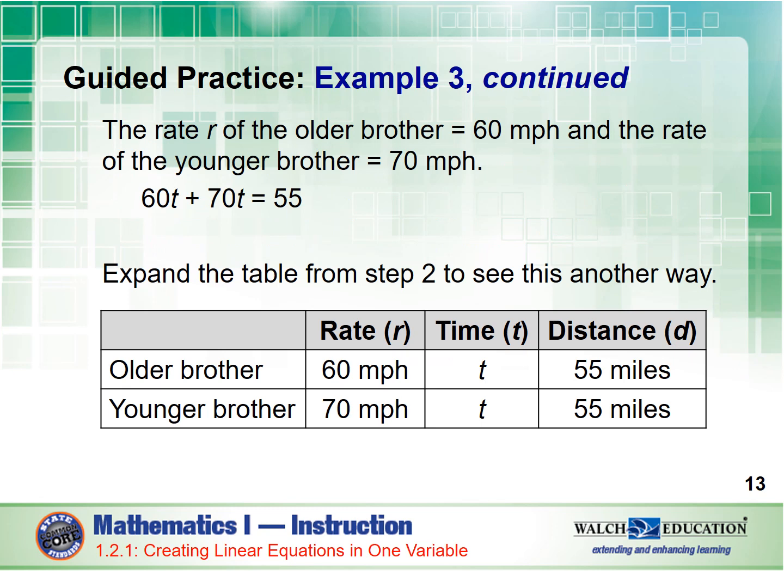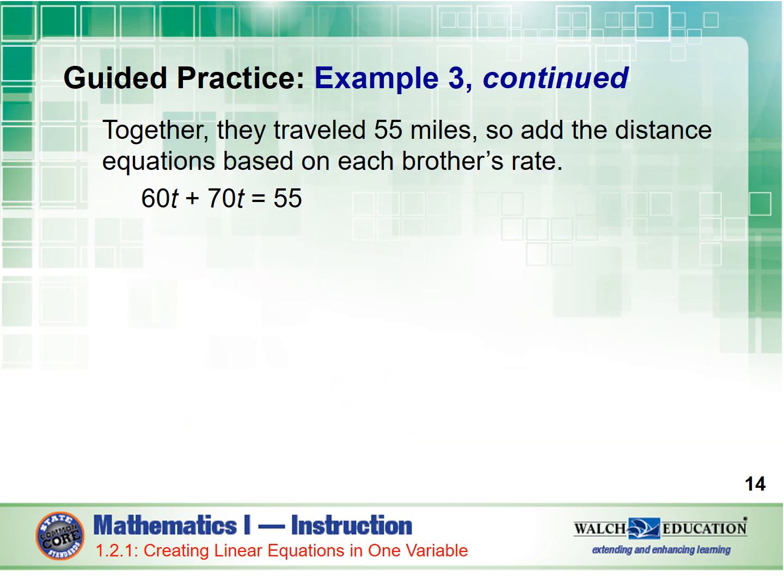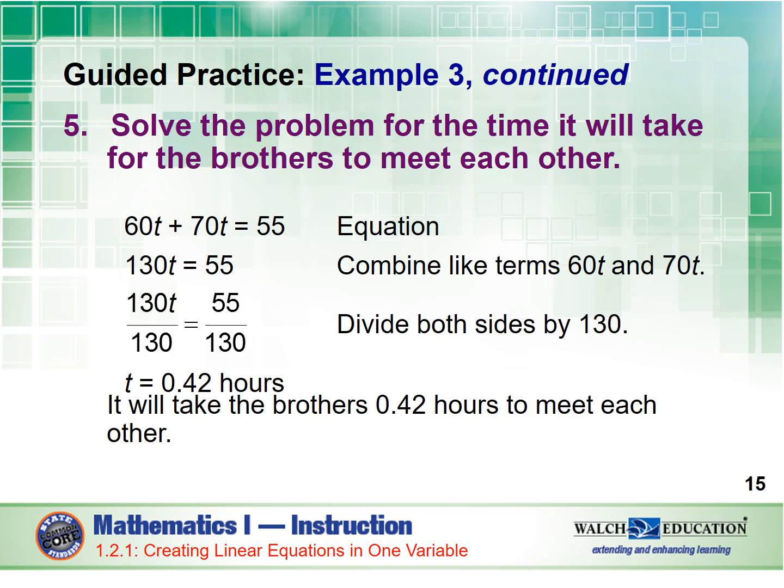We have the older brother at 60 miles per hour times the time, and the younger at 70 miles per hour times the time. Together, they drove 55 miles. So that's basically what we just did. We add the distance equations, and we set it equal to 55 miles because that's how far they both drove.